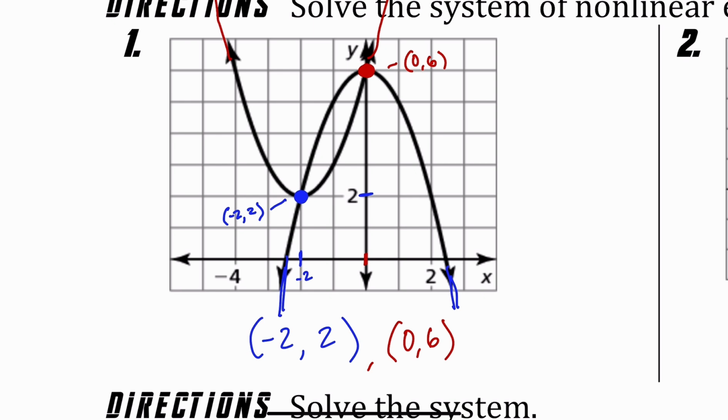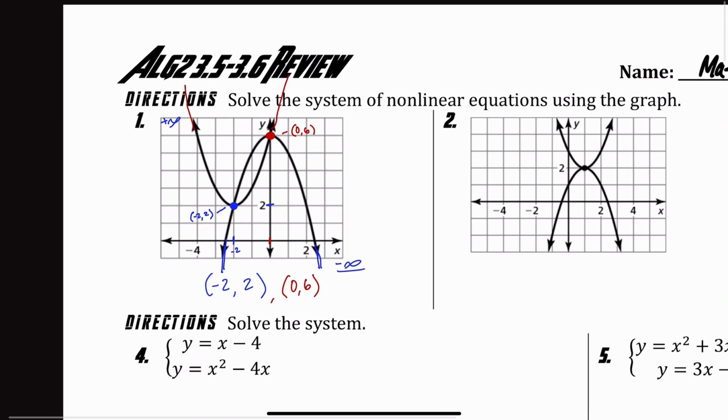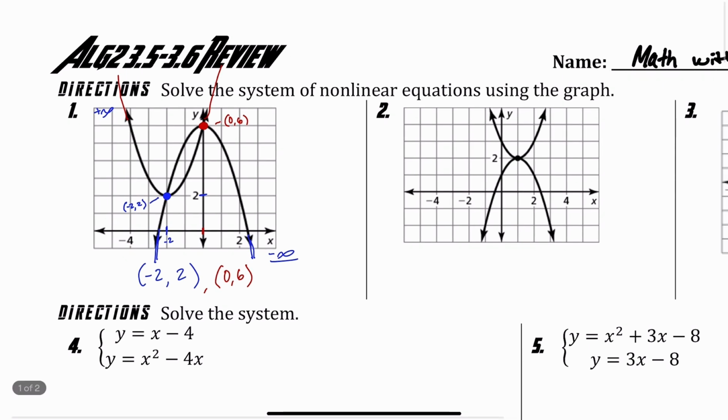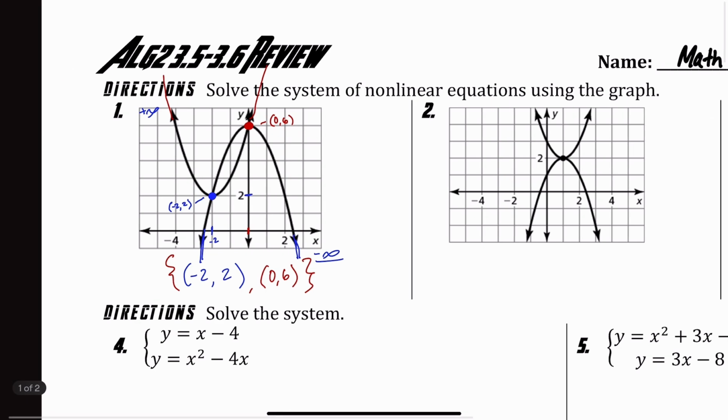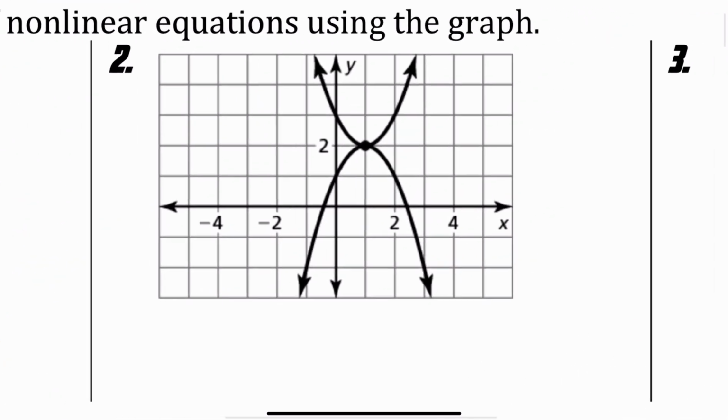One is going towards positive infinity in our y. The other is going to negative infinity in our y. So yeah, they're never going to meet again, therefore giving us our very first system. So we've solved. We put it into curly bracket notation for correct notation.